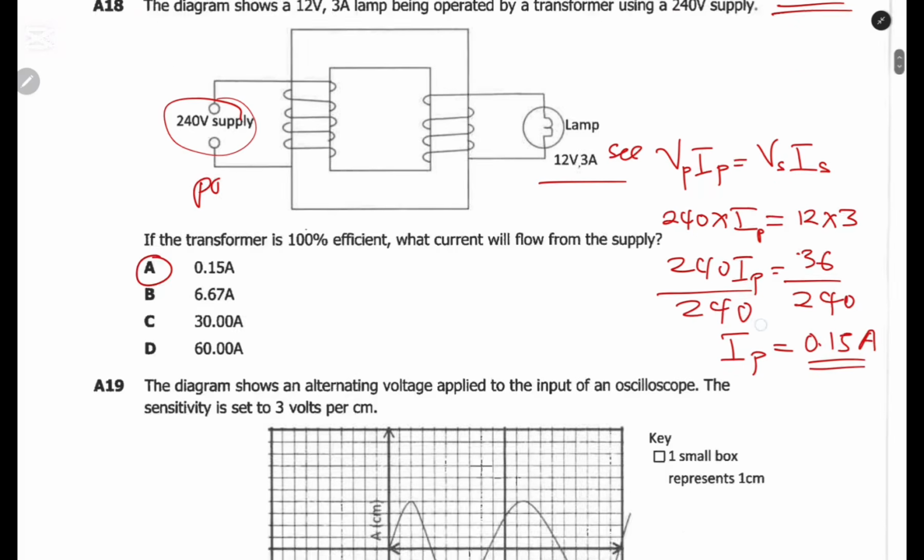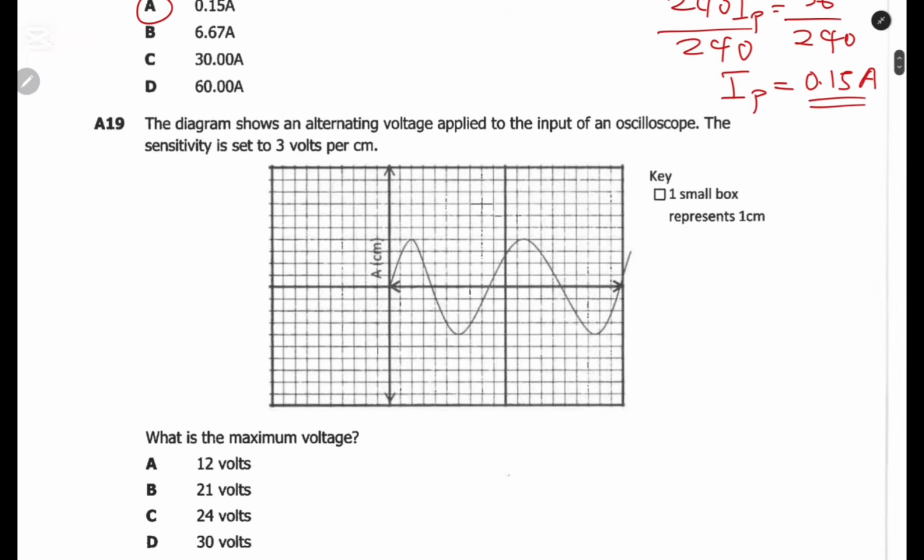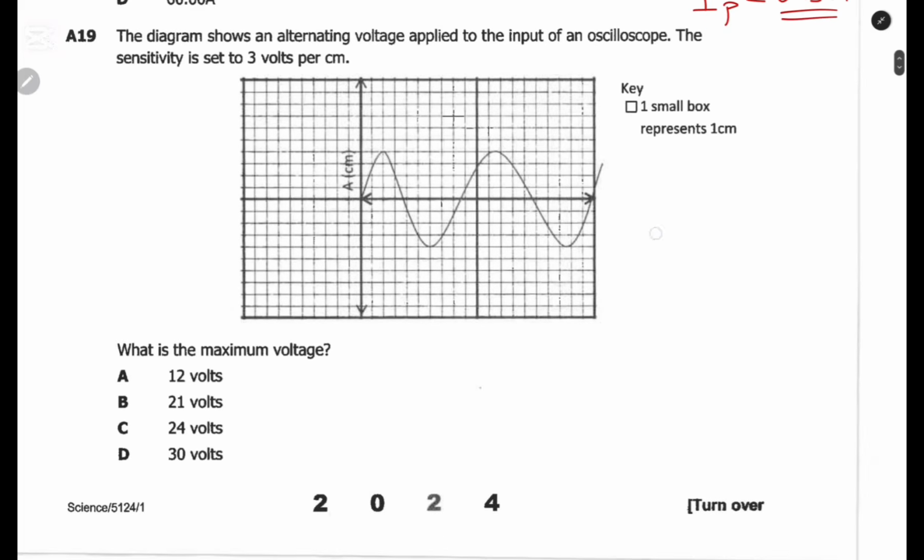All right. Question 19. The diagram shows an alternating voltage applied to the input of an oscilloscope. The sensitivity is set to 3 volts per centimeter. So 3 volts per centimeter means 1 centimeter is equal to 3 volts. Now they are asking, what is the maximum voltage? To find the maximum voltage, you should consider this one as your starting line.